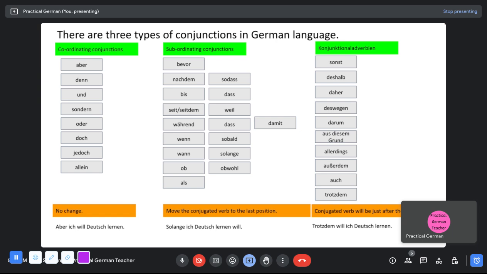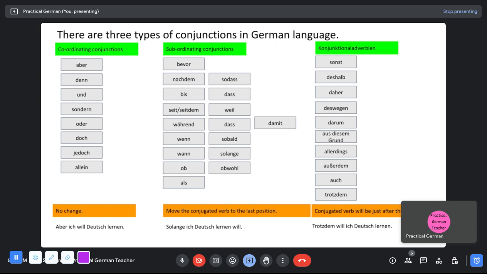Bis is until, seit or seitdem is since, während is while. Wenn, pronounce correctly, wenn, not when. Wenn is when, I think, or if. Wann is when.